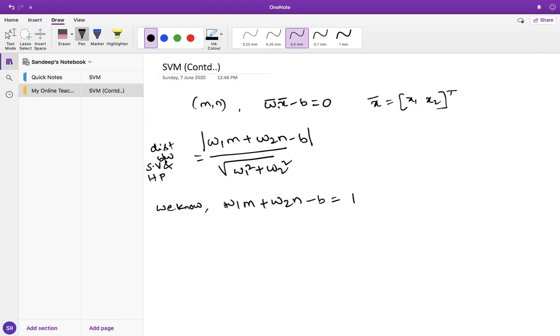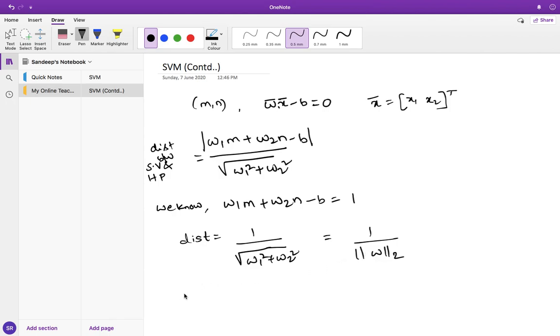Since we know that this whole thing is equal to 1, now I can write the distance as 1 divided by the square root of w1 square plus w2 square. Okay, so this can also be written as 1 divided by the norm of w. So this is the distance between the support vector and the hyperplane.